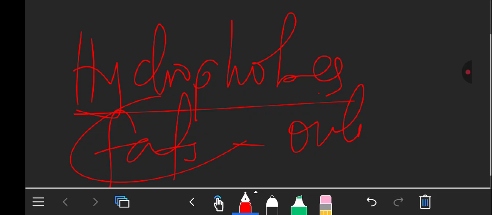Due to many carbon atoms, it is hydrophobic. And a substance that is both hydrophilic and hydrophobic is called amphipathic. So a fatty acid is amphipathic, because the tail is unable to dissolve in water, and the head is able to dissolve in water. So that is what you need to understand there.